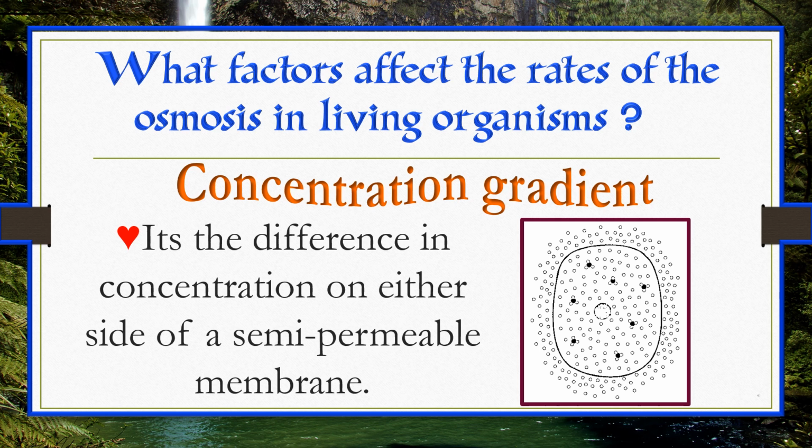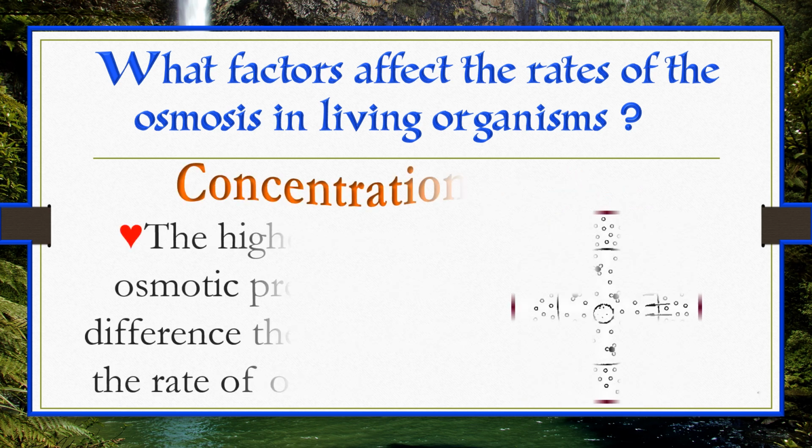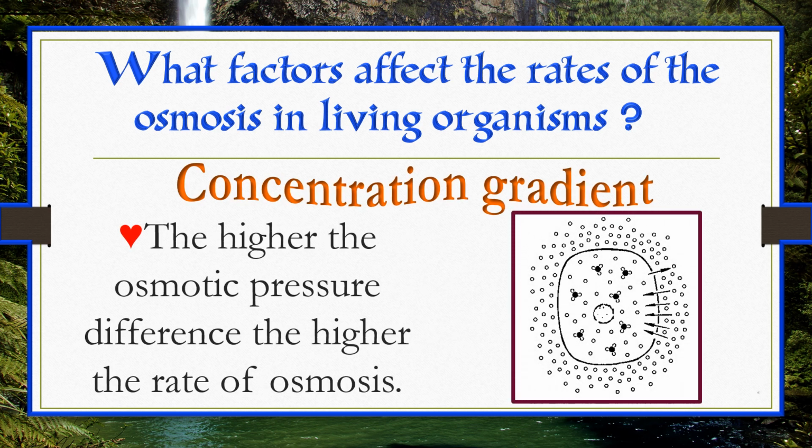The higher the osmotic pressure difference, the higher the rate of osmosis. So osmosis is going to take place if one side has a higher osmotic pressure compared to the other side.